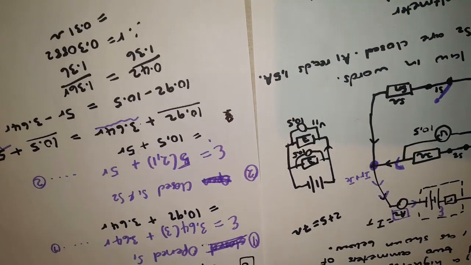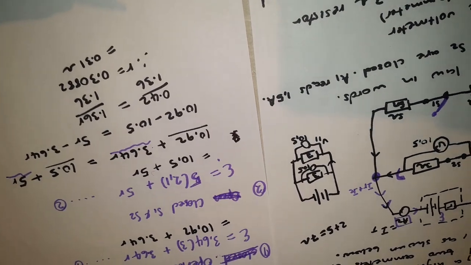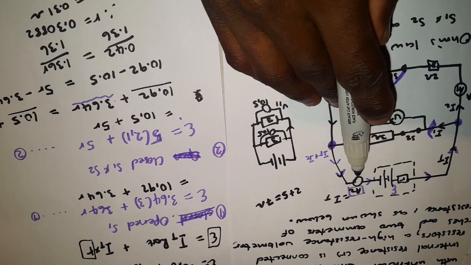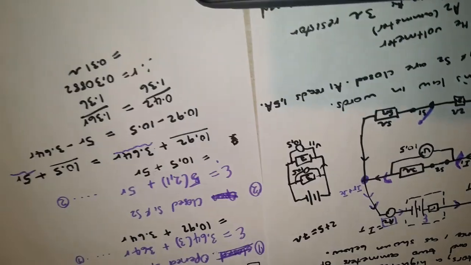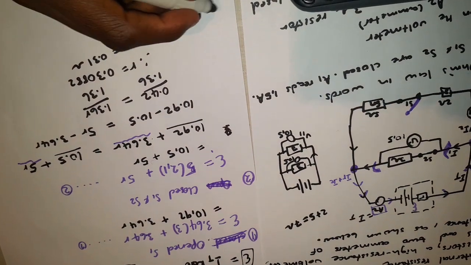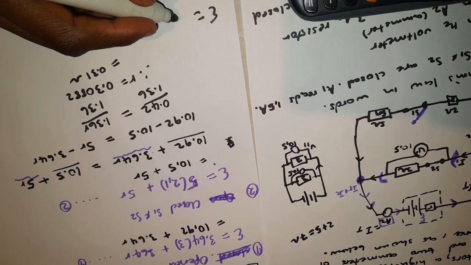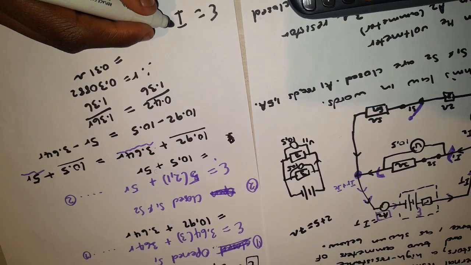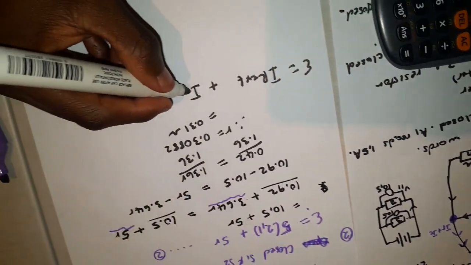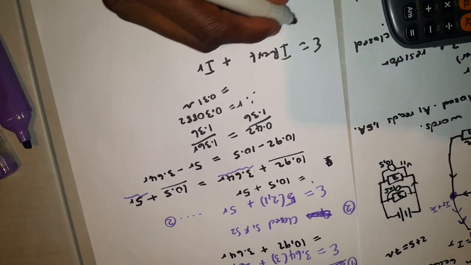The internal resistance remains the same, even though whatever is in the external circuit may change. E equals I times R external plus I times R.